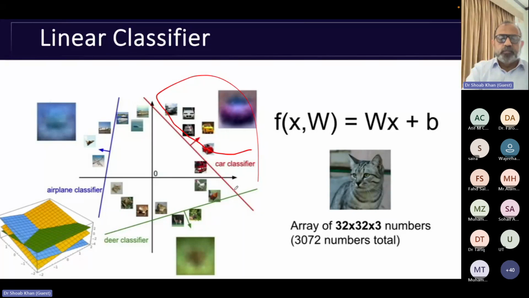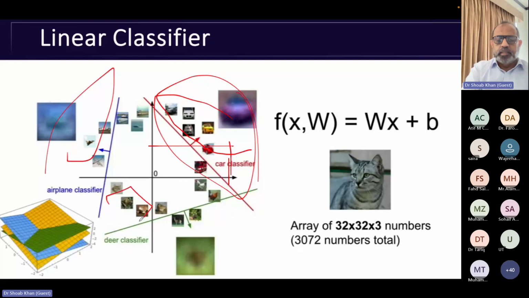So this is your feature one and this is your feature two. All the cars are falling in here, all the airplanes are falling in here, all this is falling in here. And so you have somehow designed something which really is linearly separable, that a line can just separate them.